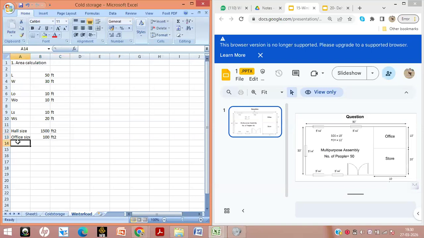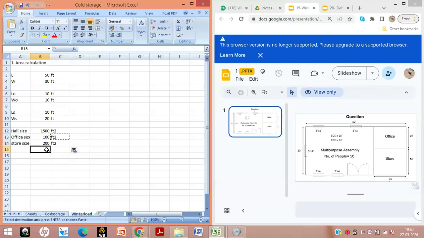And then we'll calculate store size, which is equal to length times width of this.